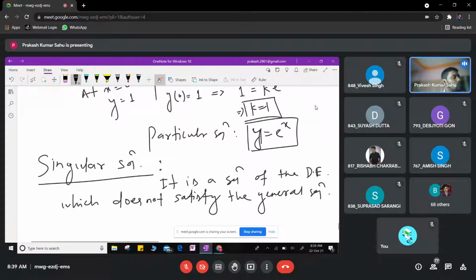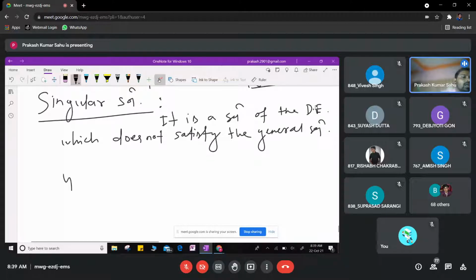Suppose y dash square minus xy dash plus y is equal to 0. This is a nonlinear equation because y dash square is there. y dash square minus xy dash plus y is equal to 0 is a differential equation.